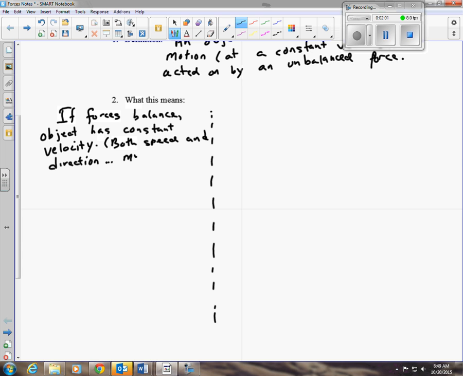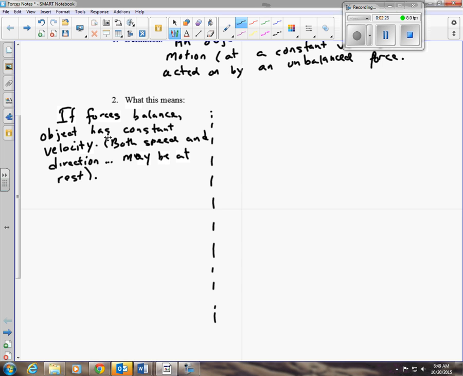It may be at rest. So if force is all balanced and an object is moving at 30 meters per second east, it has to stay moving at 30 meters per second east forever and ever until the forces don't balance on it. We tend to think force is balanced means at rest. It actually doesn't. It means that it is a constant velocity.